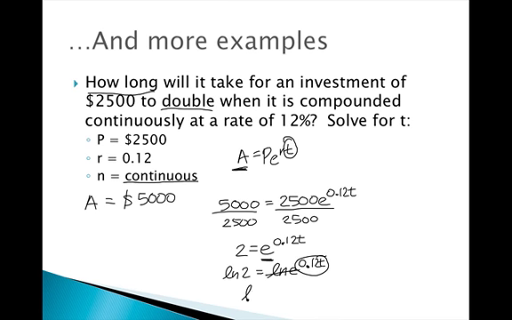So we have natural log of 2 equals 0.12 t. And when you divide both sides by 0.12, you're going to get t equals 5.8. And we know that that's in years, because these equations are always done in years. So there's your answer.